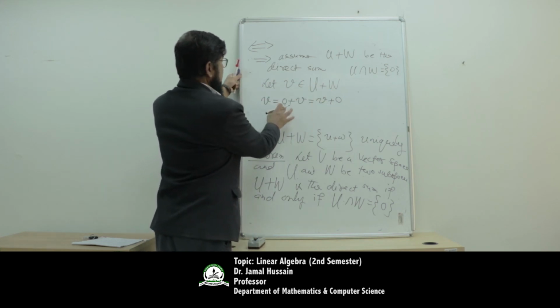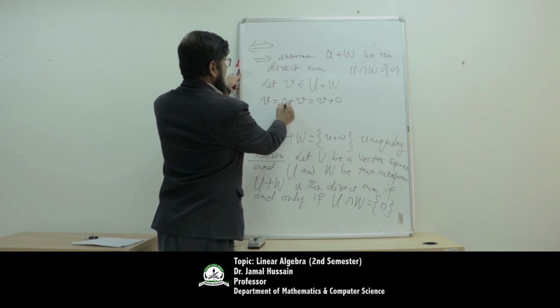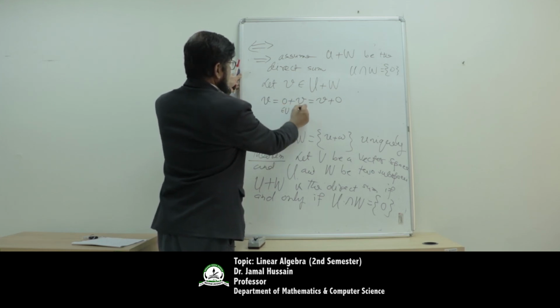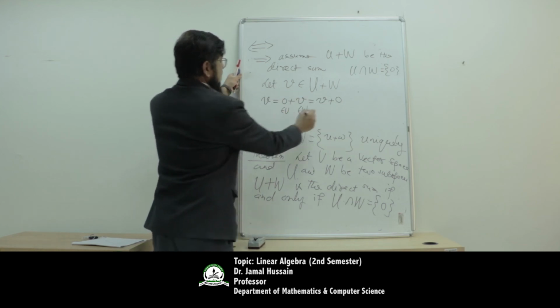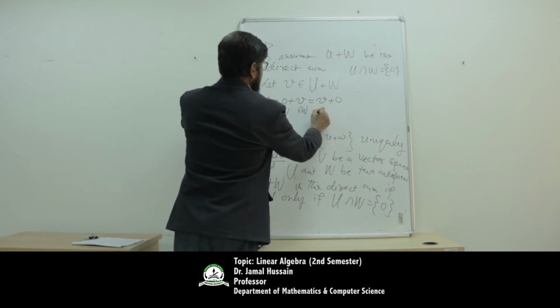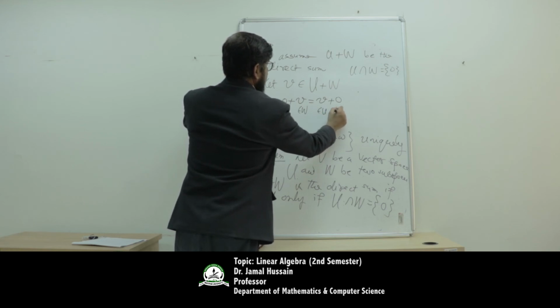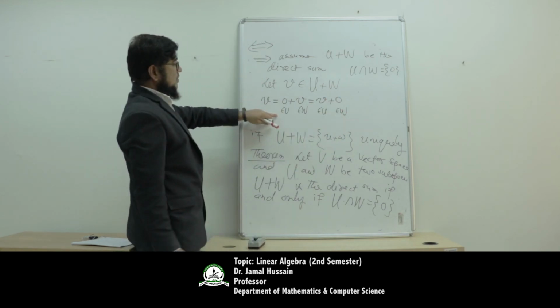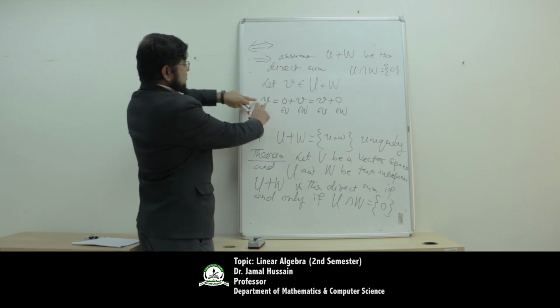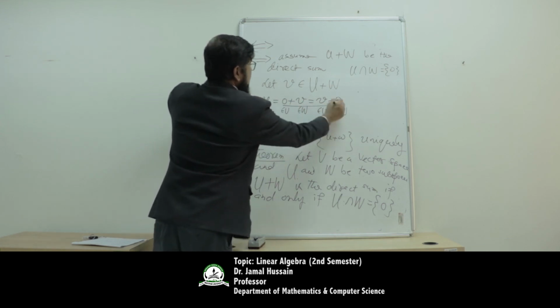So this belongs to U and this belongs to W. Similarly here, this belongs to U and this belongs to W. And we have expressed v in these two forms.